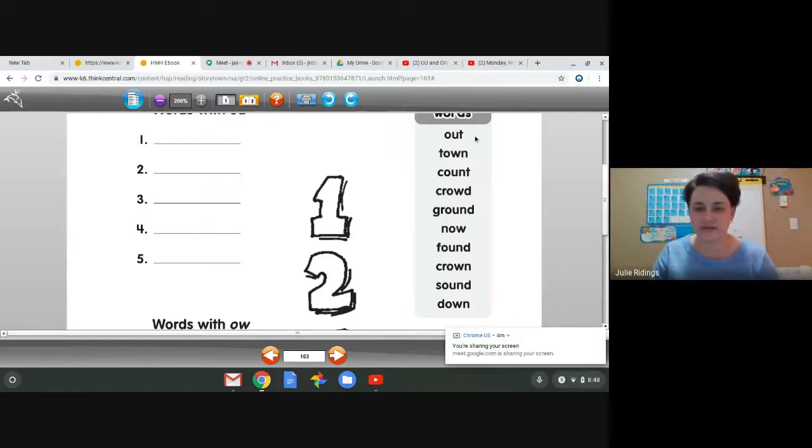Let's echo them. Out, town, count, crowd, ground, now, found, crown, sound, down. They all have that ow sound, but they're spelled differently.